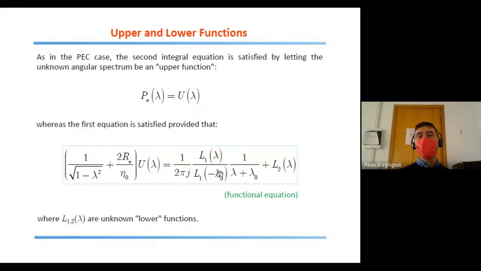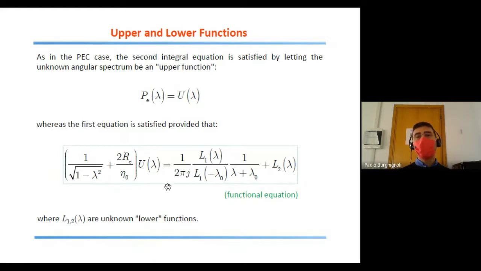Then there is this normalizing factor, which is such that the residue of this term is equal to 1. And L1 is an arbitrary lower function, that is, a function that is analytic in the lower half plane. We also have this additional lower function, L2, which gives no contribution to integration along any closed contour in the lower half plane. And now the problem is recast in terms of a functional equation.